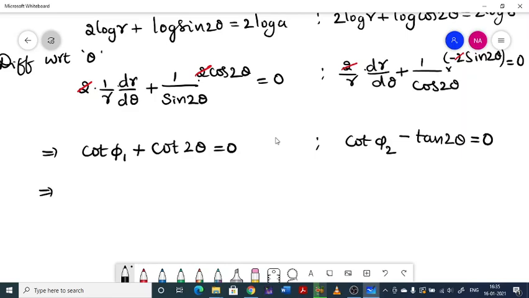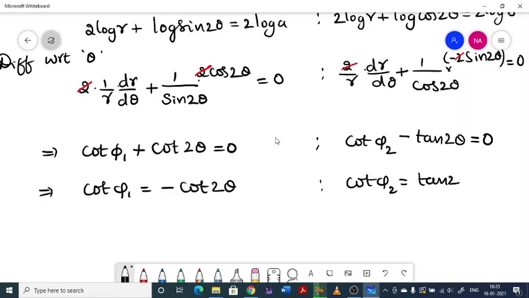So from this we have cot phi 1 equal to minus cot 2 theta, and from this cot phi 2 equal to tan 2 theta. So this I can write as cot phi 1 equal to minus cot 2 theta equal to cot of minus 2 theta.